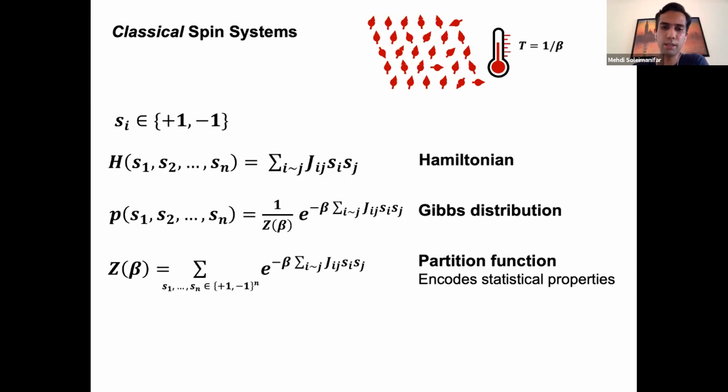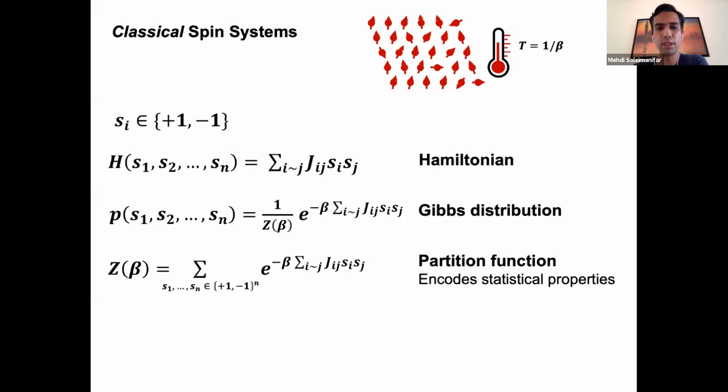So the Hamiltonian is a sum of local terms. For example, in the case of the Ising model or hardcore model, each of these local terms looks at the spins of connected vertices and assigns a plus or minus J_ij coefficient to them, depending on whether the spins agree or disagree.